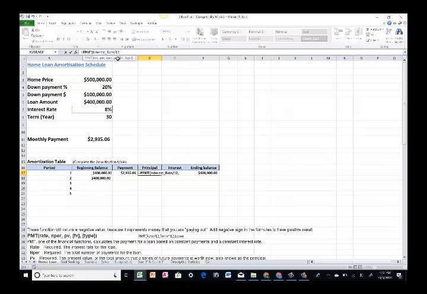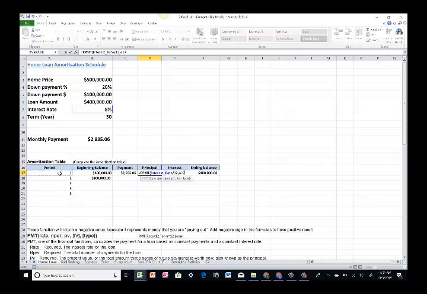My next argument in this formula is the period. It's the number of the month I'm making a payment in. Right now I'm making the payment in month 1, so my period is 1. I'm going to reference the period cell as this argument.